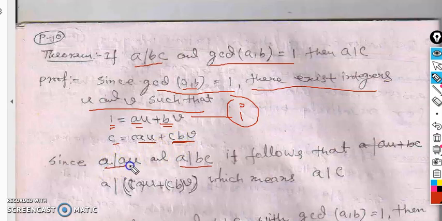Again, A should divide AU because there is a number A. Therefore, according to a previous theorem, if A is a divisor of X and A is a divisor of Y, then A should be a divisor of any linear combination of X and Y. So here it's a linear combination: AU multiplied with C and BC multiplied with V. Therefore, you can say that A should be a divisor of CAU plus CBV, which means A should divide C.